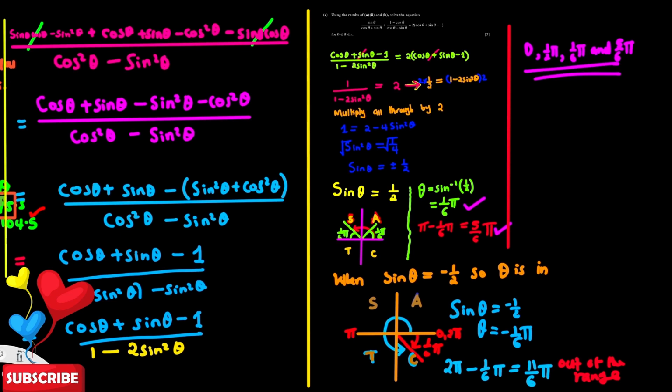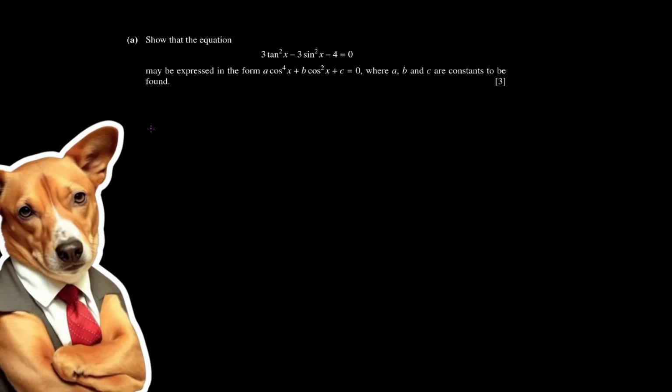Moving to the next part here. Show that the equation 3 tan squared x minus 3 sine squared x minus 4 equals to 0 may be expressed in the form a cos raised to power 4 x plus b cos squared x plus c equals to 0, where a, b, and c are constants to be found.